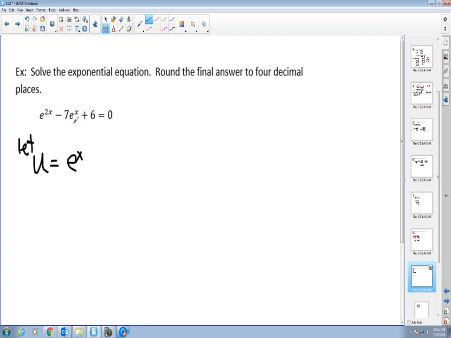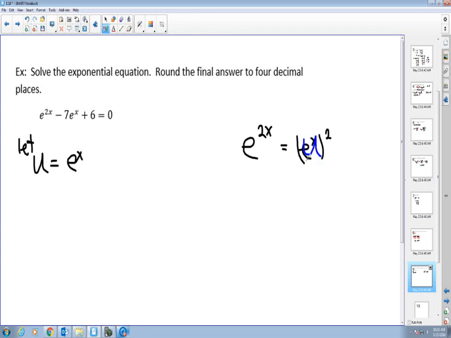Because e to the 2x minus 7e to the x plus 6, this equation is actually written in quadratic form. Think about this. If I let another variable represent my e to the x, what's going on with this first term, e to the 2x? Well, e to the 2x can be written as e to the x, whole thing squared. And I'm going to substitute the letter u for the e to the x.